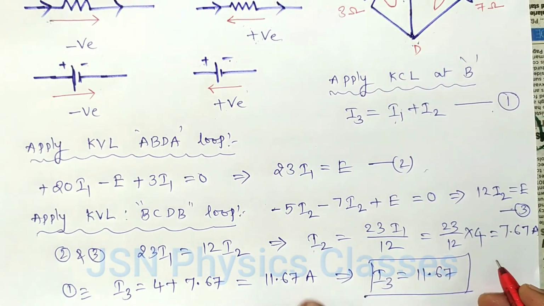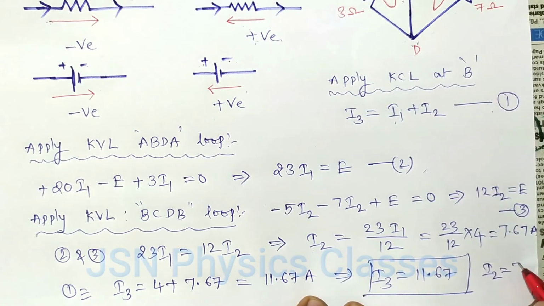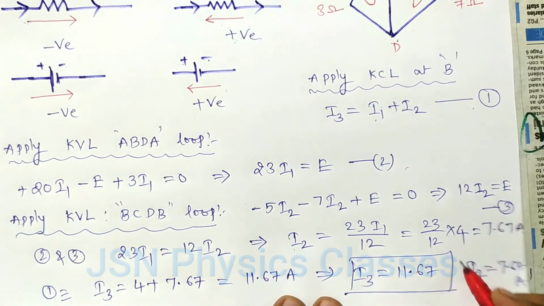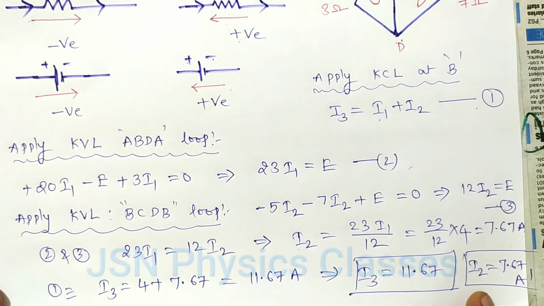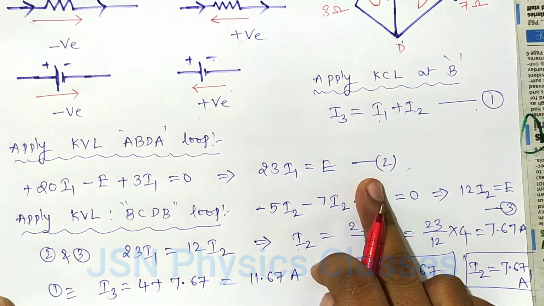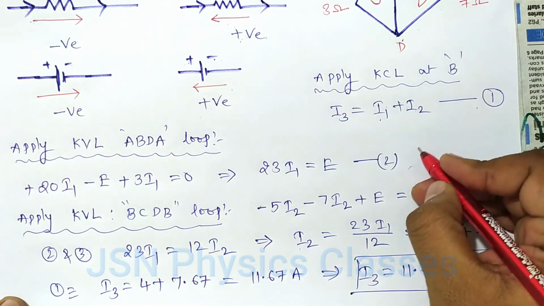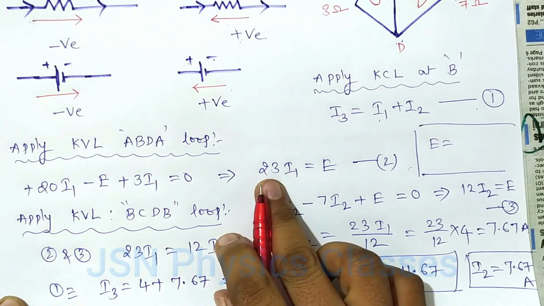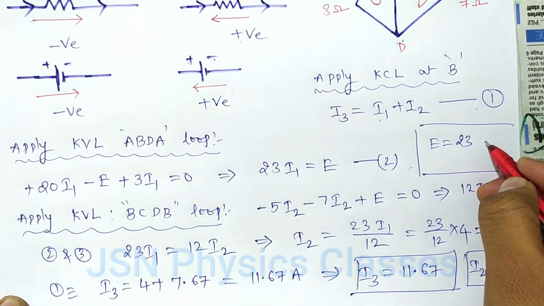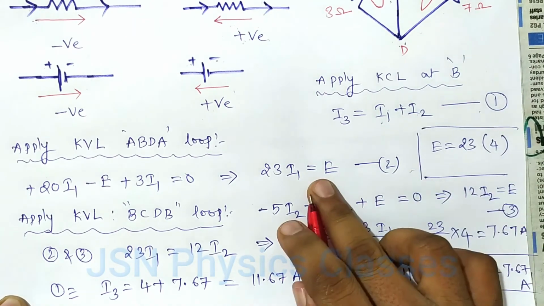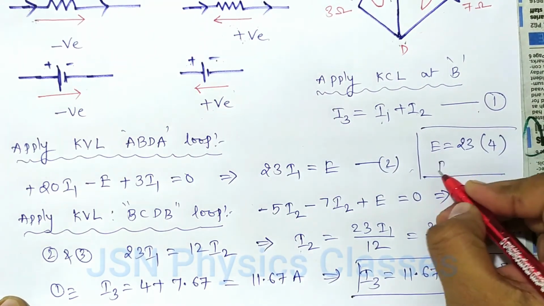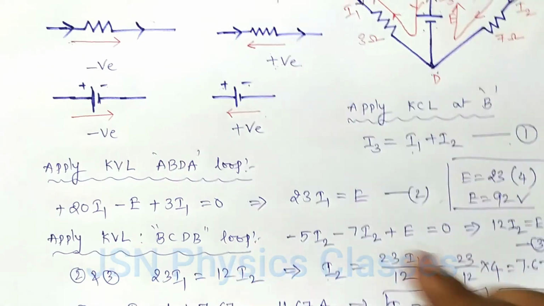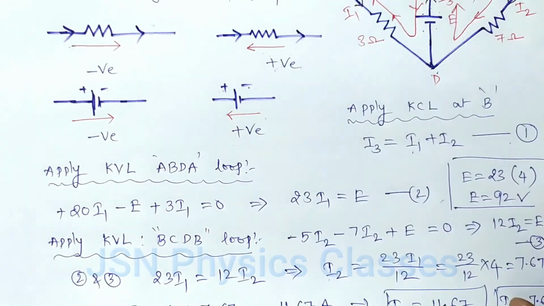I2 is equal to 7.67 amperes. Also from equation 2, E is equal to 23 into I1, where I1 is 4 amperes as given, so E is 92 volts. So we calculated the currents I2, I3 and E.